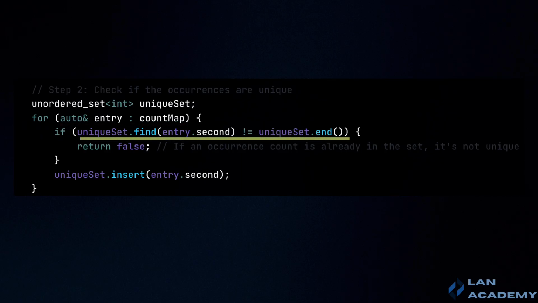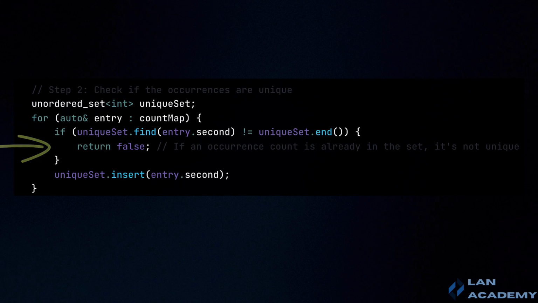Then, using the statement if uniqueset.find of entry.second isn't equal to uniqueset.end, I check if this number of occurrences entry.second already exists in uniqueset. Entry.first is the number in the array, and entry.second is the number of occurrences of an element in the count map.